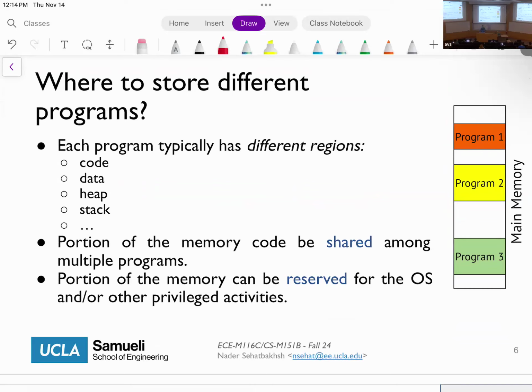If you really want to share memory with multiple programs, you can have that as well. So you can have shared spaces that multiple programs can read and write to. And then, of course, you will have your operating system, and your operating system should also reside in your main memory. So we typically reserve some part of the memory for the operating system and its libraries.